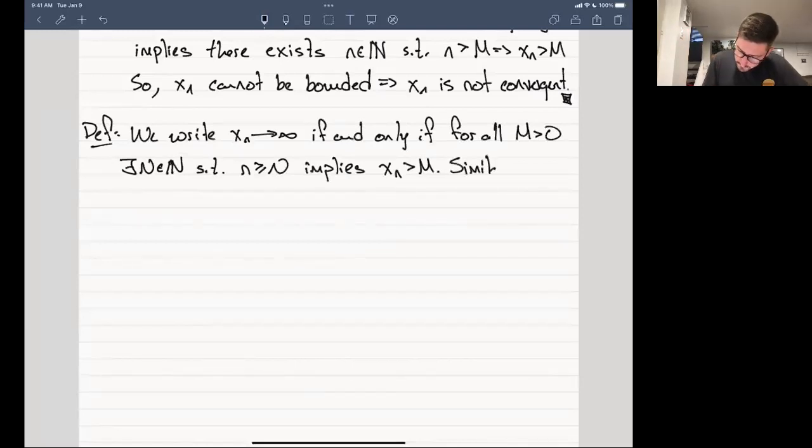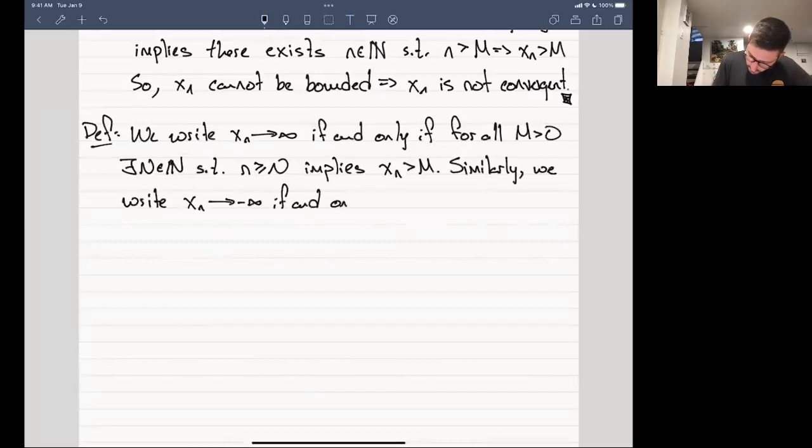Similarly, we write x_n is approaching minus infinity if and only if, for all, now not to be confusing, I'm going to use little m here.